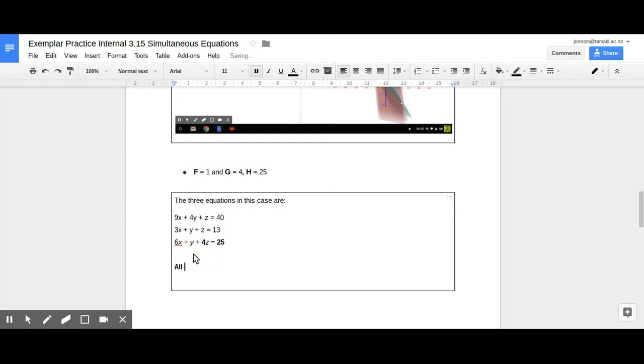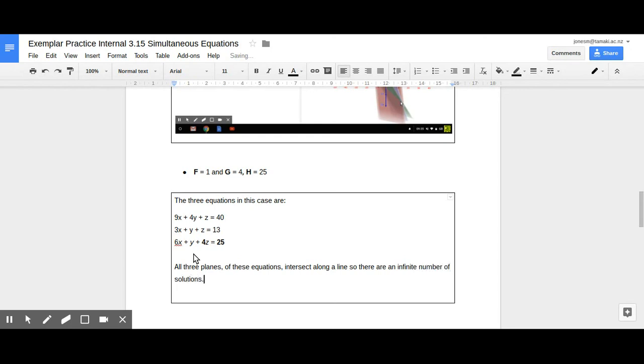So all three planes of these equations intersect along a line, so there are an infinite number of solutions.